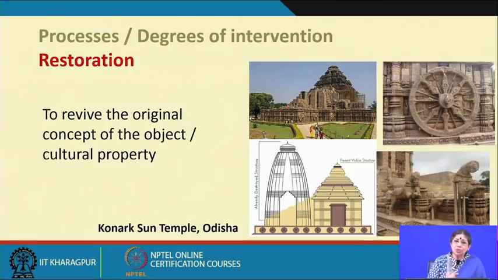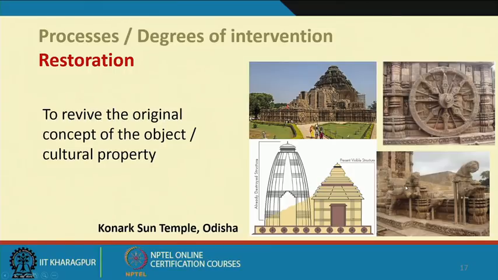Here comes the question of the original concept, because the Konark temple is conceptualized as the chariot of the sun god, and these horses are dragging the chariot. So, it is very important to keep the horses at that height to complete the concept of the chariot and the horses dragging it.